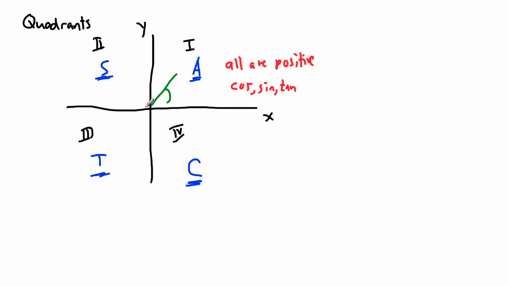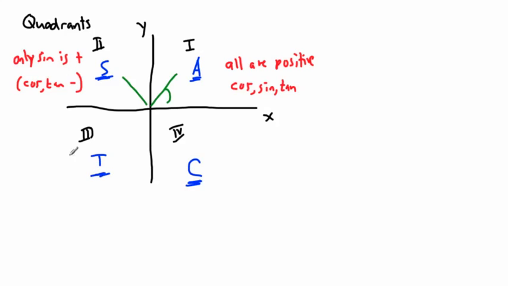If you finish over here, so what if your angle goes to where you're over here? Then S means only sine is positive. In other words, cos and tangent are negative. That's what this means. So if you take the sine of an angle that's in this quadrant, you're going to end up with a positive sine, but cos and tangent are going to be negative.